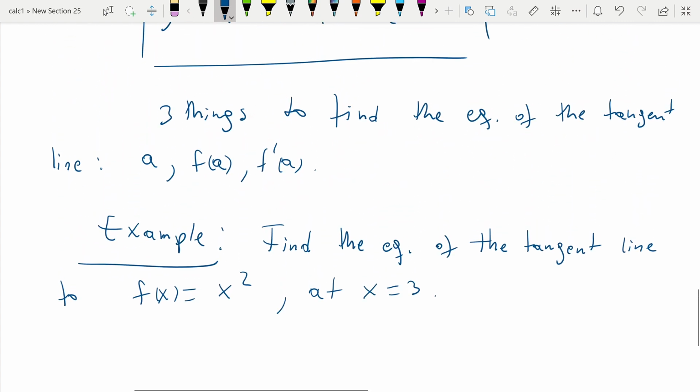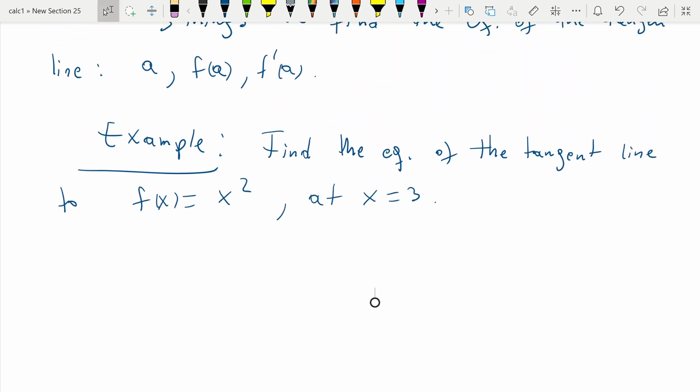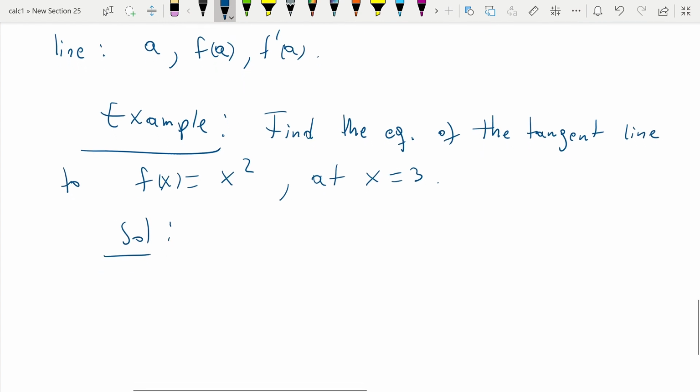As we said, we need three things. What is the point? The point A here is 3.